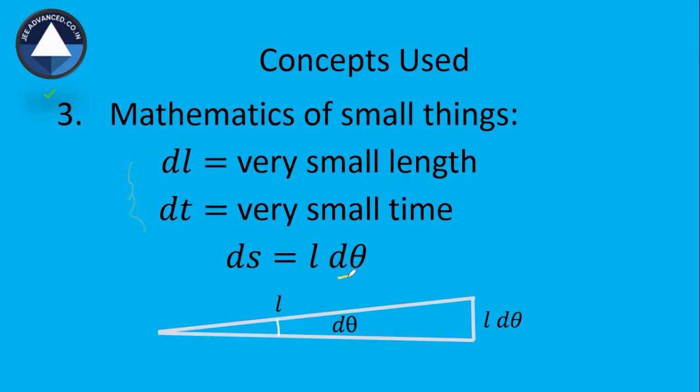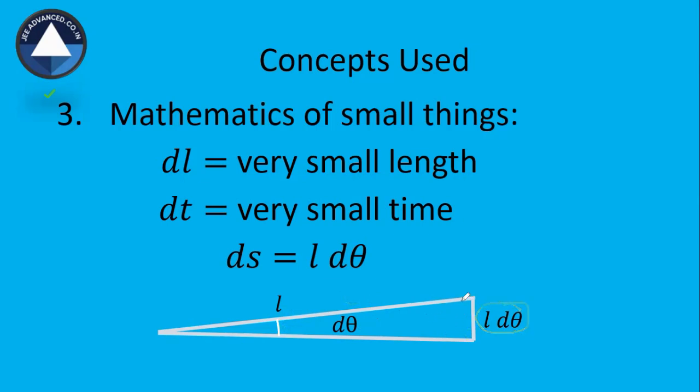And then the second thing is the definition of angle. Suppose there are two lines and both the lines have the same length L and they are separated by a very small angle. That angle is called d theta. Then the perpendicular distance between these two lines will be L d theta, that is, the length multiplied by d theta.